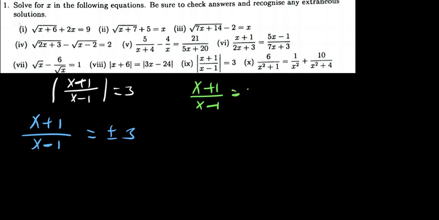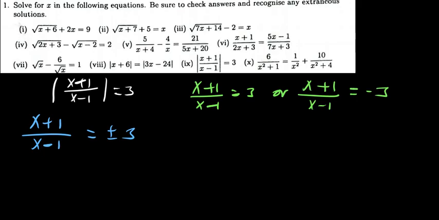I'll remove the modulus now. Then you need to put plus or minus here. What does it mean? It means that I have got x plus 1 divided by x minus 1 is equal to 3, or x plus 1 divided by x minus 1 is equal to negative 3.